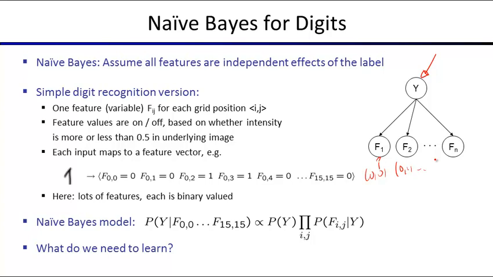So it kind of assumes that when somebody writes a digit, they choose which digit they're going to write, and then individually fill in each pixel, not worrying about what they filled in other pixels, just thinking about the label. Oh, it's a 9, so pixel 1, yes or no, you have some probability, and then you fill it in or not. It's a very strong assumption.